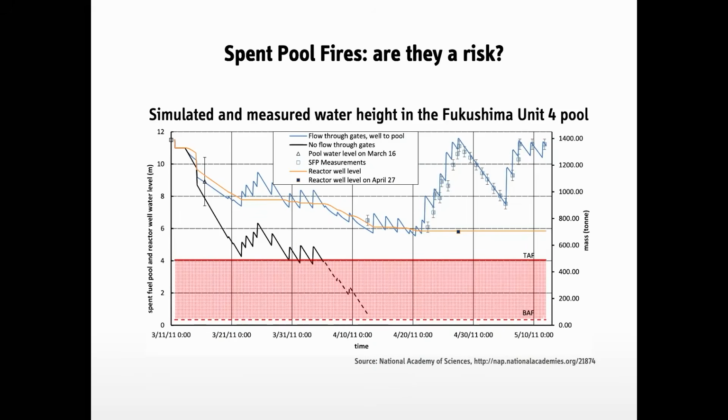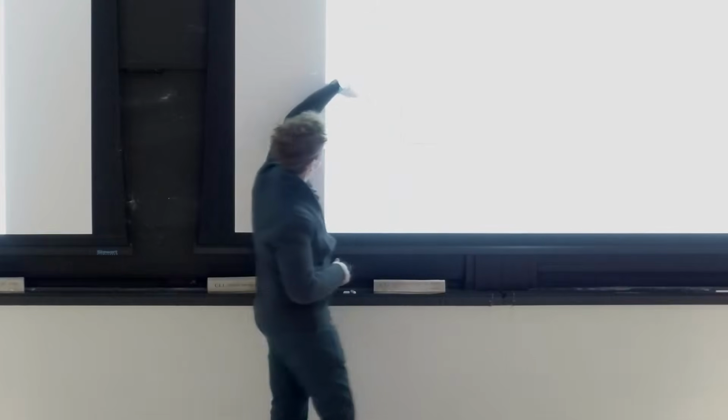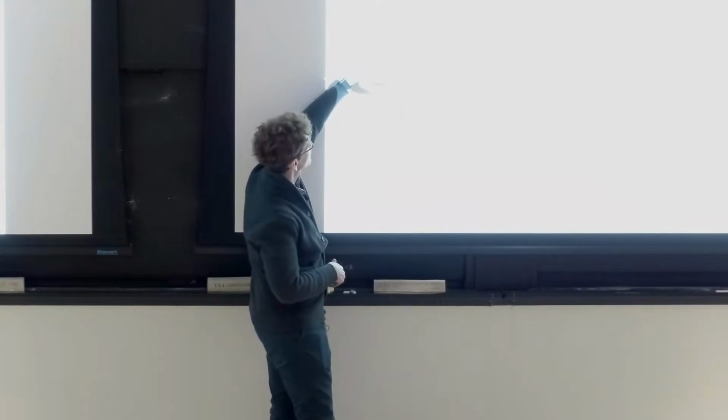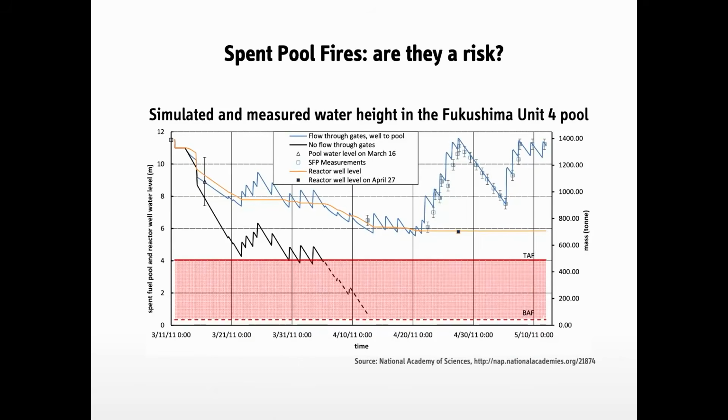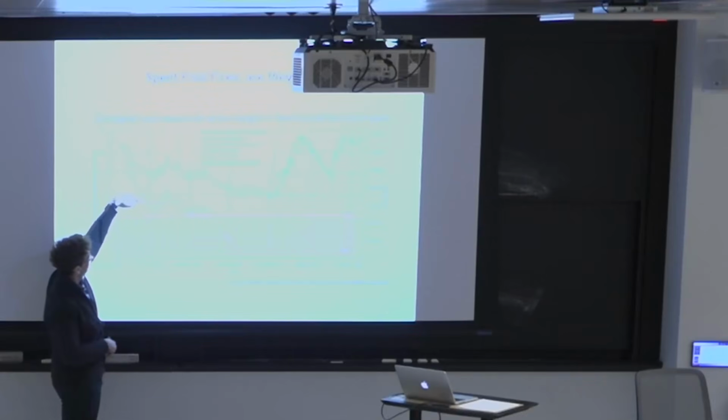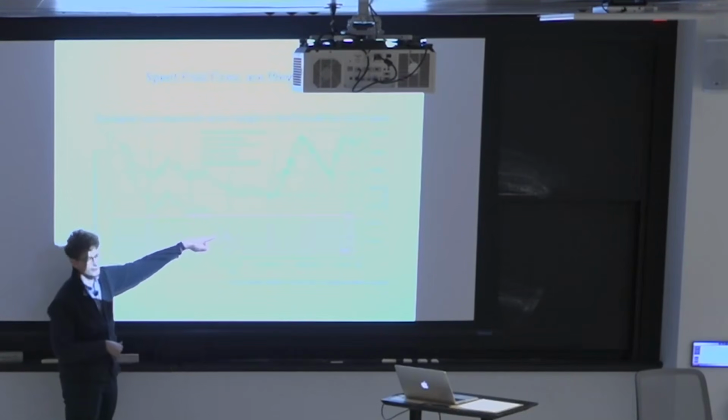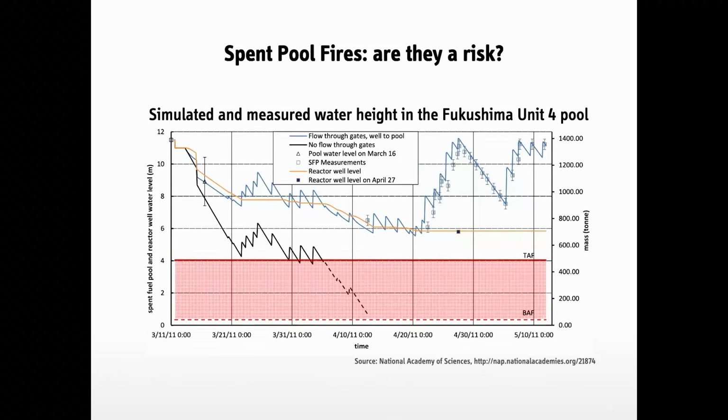And once it reached this red line, this is the height of the water. So 4 meters is the height of the fuel bundle. The water is at 6.5 meters above that. And they thought basically they were exposing the fuel and things were going wrong. And they were waiting for the fire to start. That turns out didn't happen.